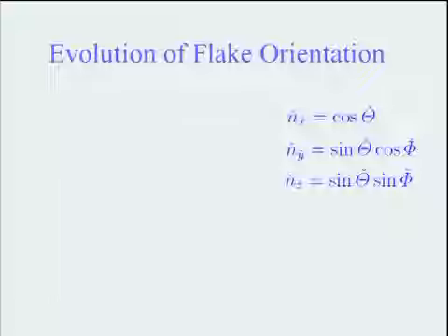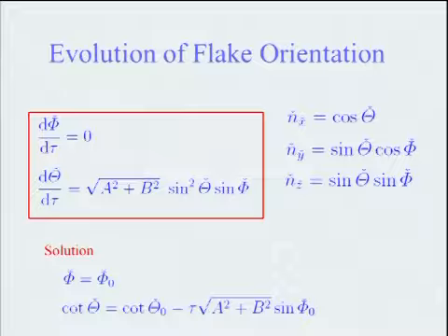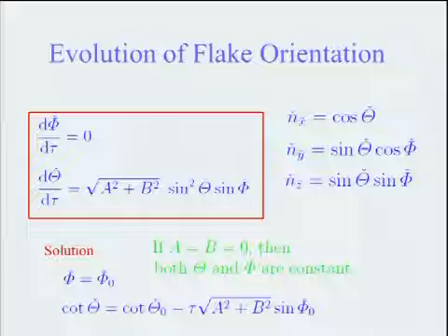And if we introduce the angular angle of this orientation vector, the equation becomes like this. The solution of this is simple, like this. So if A and B are 0, both theta and phi are constant.